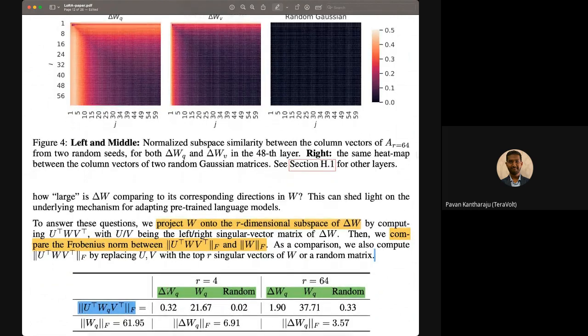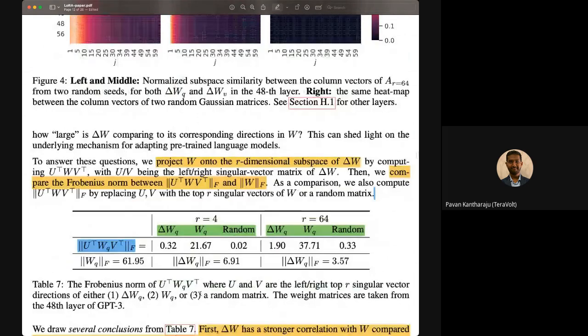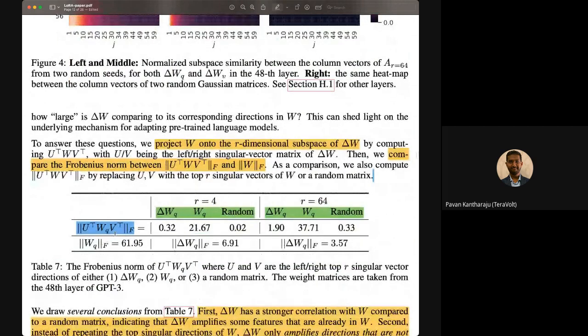If you were to project frozen parameters into a subspace of the frozen parameters, that could have the highest correlation. And that's what they see here: if you project the frozen weights into the subspace of what LoRA learns, you actually do get some relationship between the two.